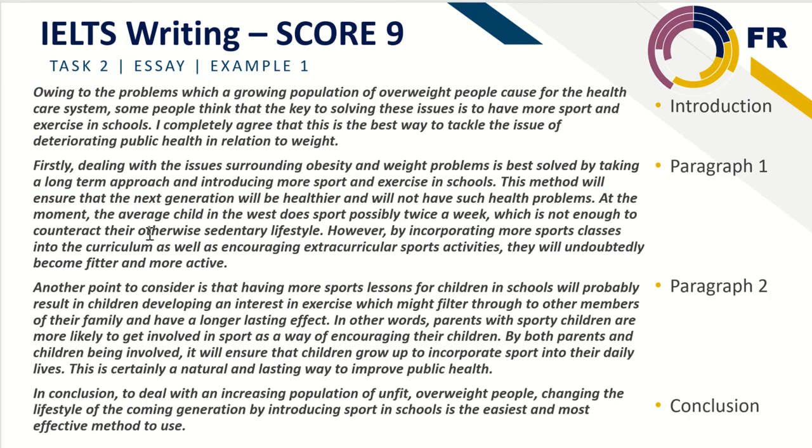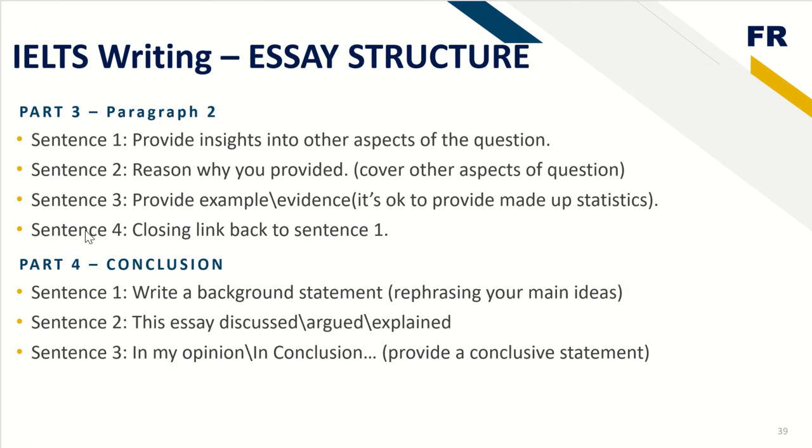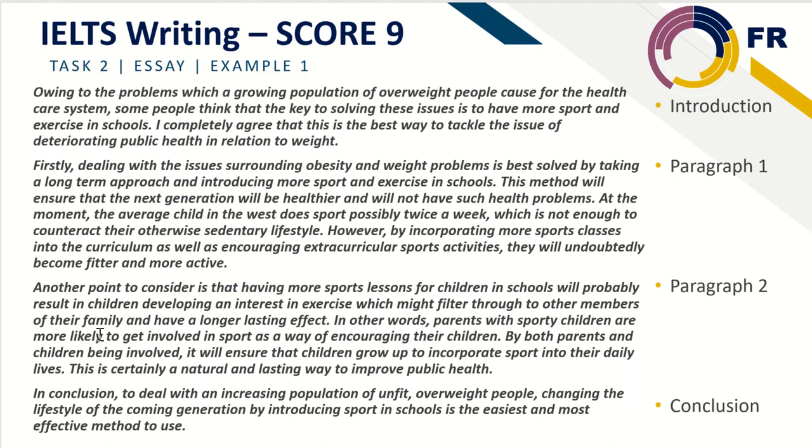Now you give the reason why. Now that you've introduced your approach, meaning you need more sport and exercise in school, you provide a reason: "This method will ensure that the next generation will be healthier and will not have such health problems."